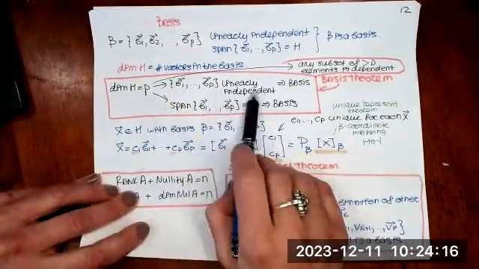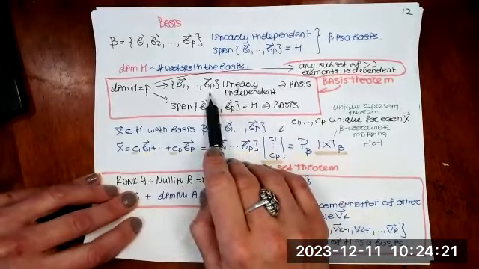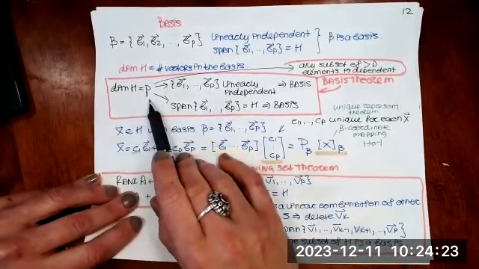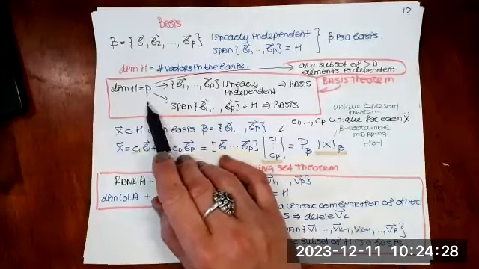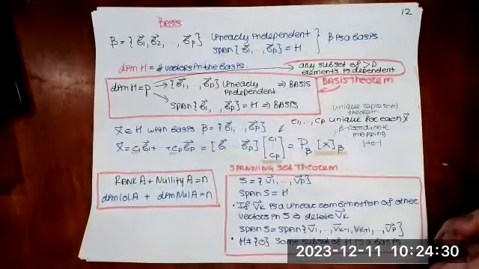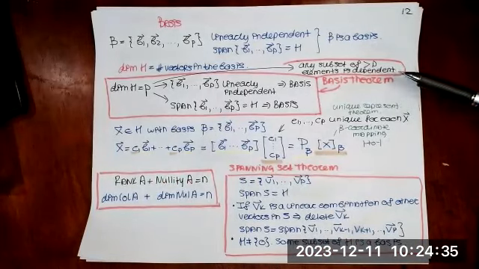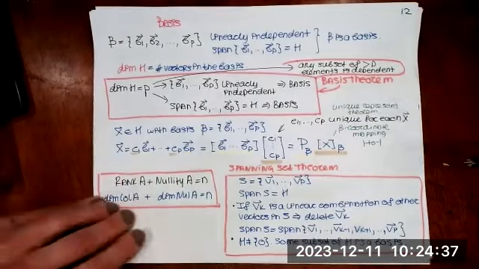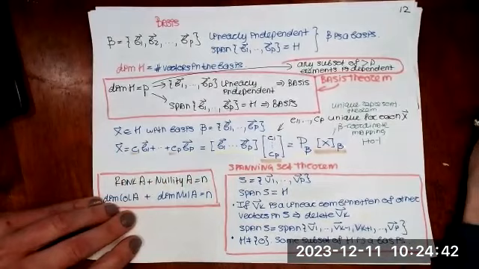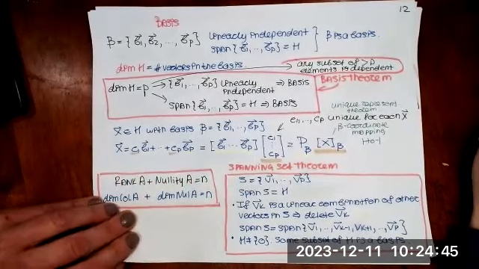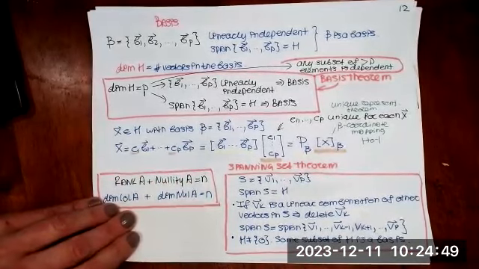You can't have more than P linearly independent vectors in a subspace of dimension P, because then there would be a basis, and your dimension would not be P, it would be bigger than P. So that's another criterion you can use to show something is linearly dependent. If you have a set of 3 vectors in R2, they have to be linearly dependent. You can't have 3 linearly independent vectors in a dimension 2 subspace.